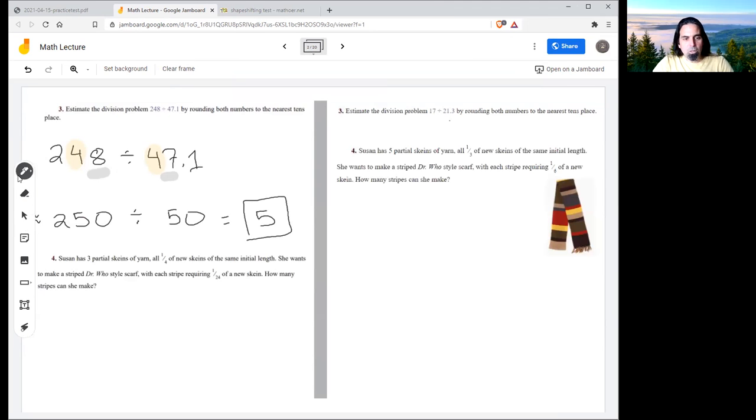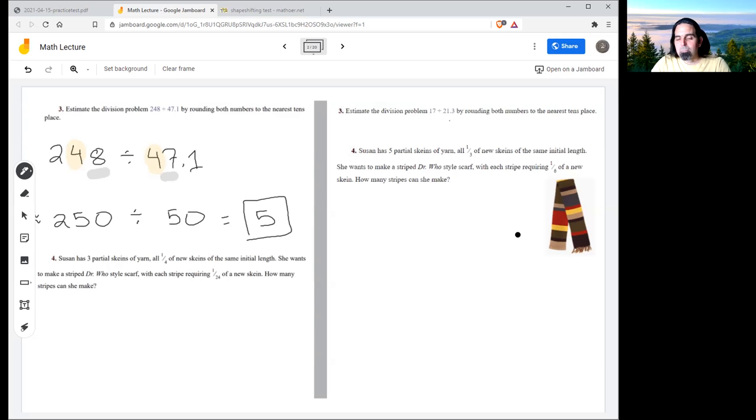Okay, number 4, I'm not going to ask who wants to do it first. I'm going to do it first because it's always very confusing every year. There's a famous TV show, Doctor Who. There's a famous scarf with all of these stripes of colors. There's an interesting story of why it was like that on the show.